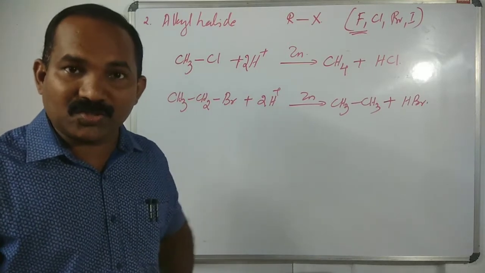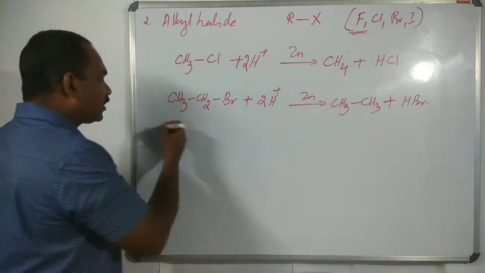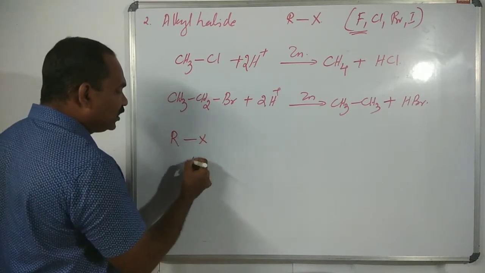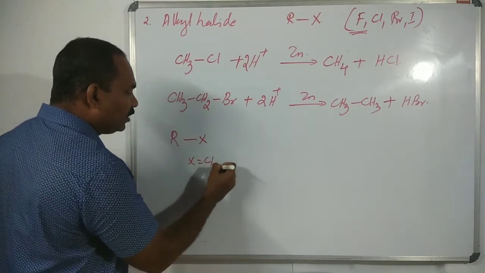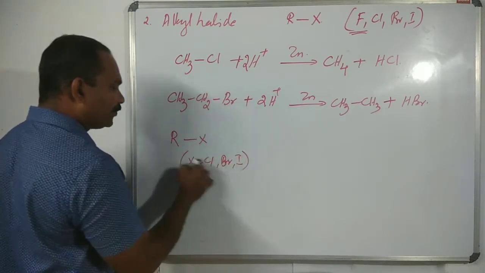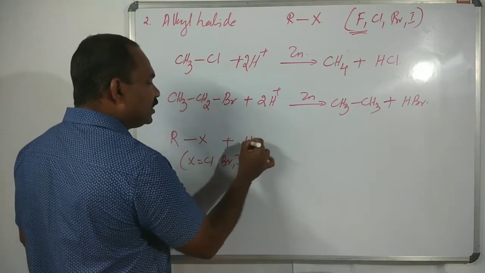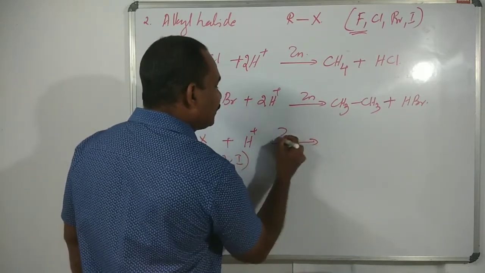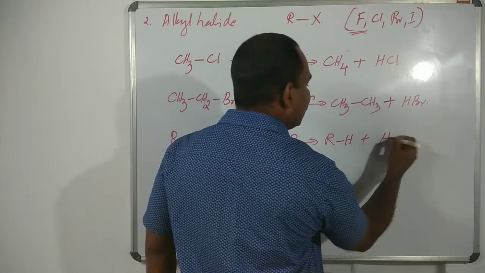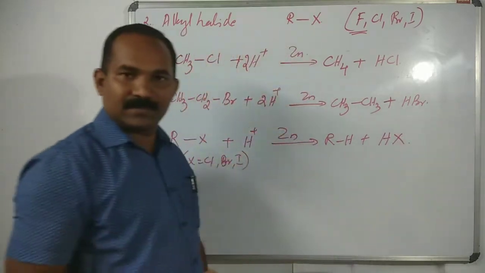Generally we can write RX, where X is Cl, Br or I, plus 2H+ in the presence of zinc gives RH plus HX.